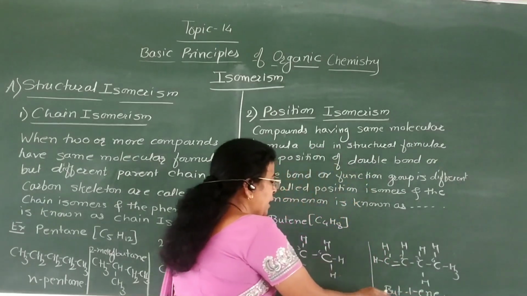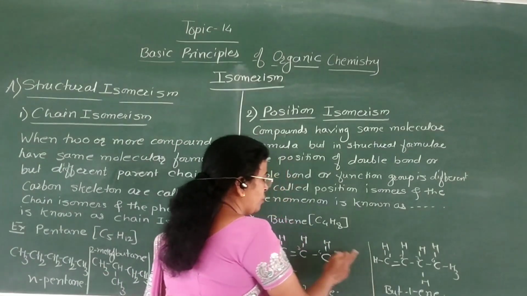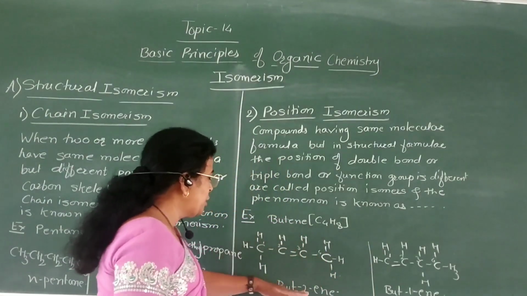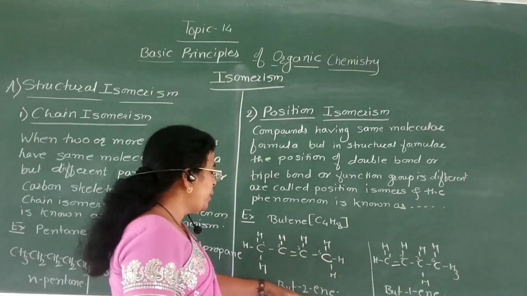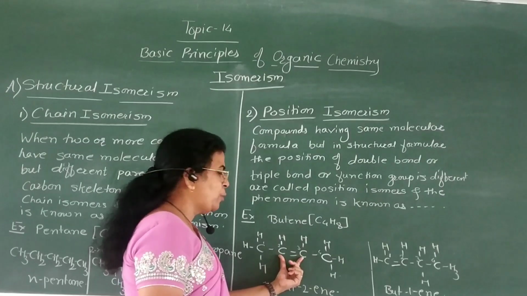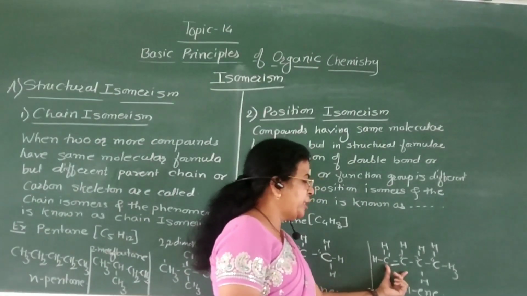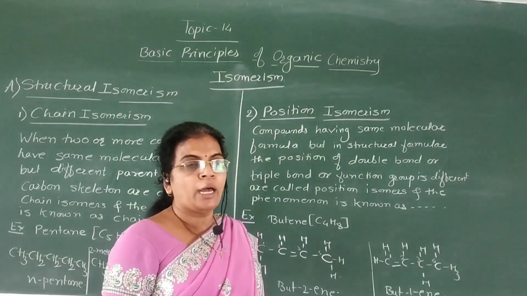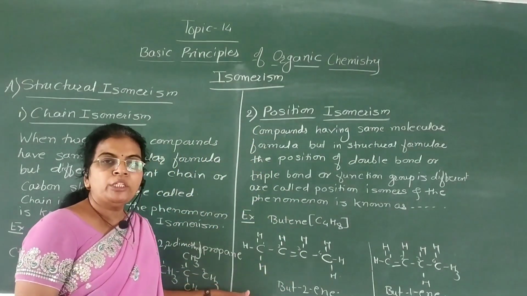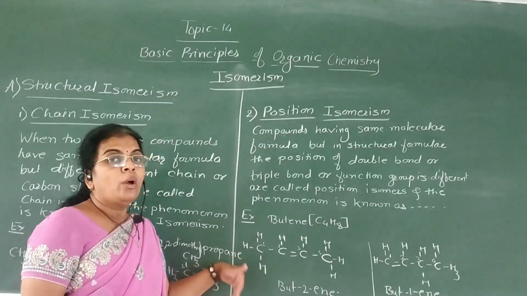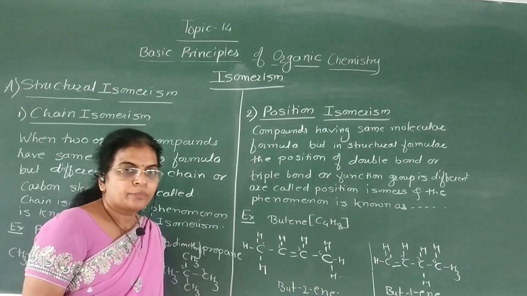This is the second isomer of butene. These are the 2 isomers of butene in which the position of the double bond is changed. In but-2-ene, the double bond is present in between the 2 and 3 number carbon atoms, and in but-1-ene, the double bond is present in between the 1 and 2 carbon atoms. This is called position isomerism, in which the position of the double bond, triple bond or functional group is different.